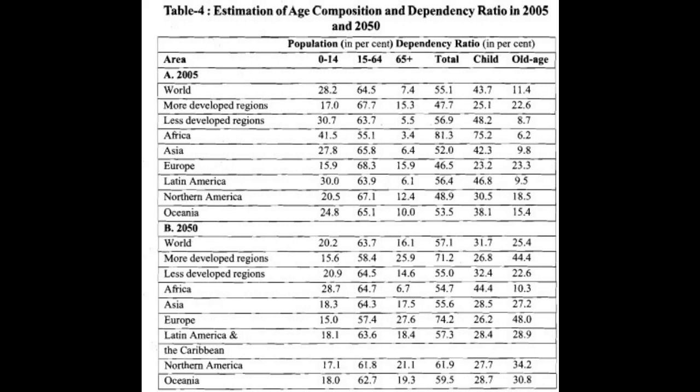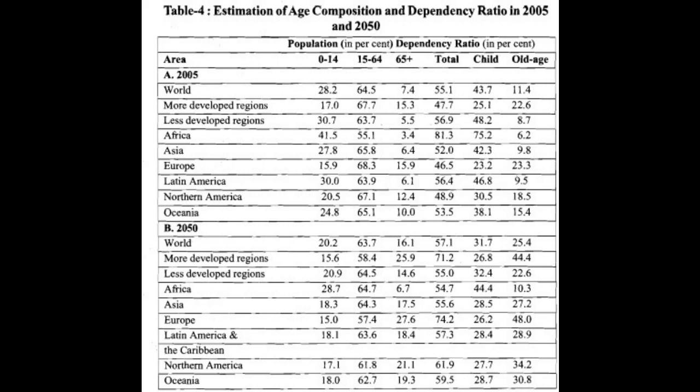Table 4. Estimation of age composition and dependency ratio in 2005 and 2050. Patterns. The population of the world as a whole is aging, from 5.6% in 1975 to 7.4% in 2005, both in more developed countries and less developed countries. The proportion of population below 15 years of age for the world as a whole has declined, from 36.9% in 1975 to 28.2% in 2005.